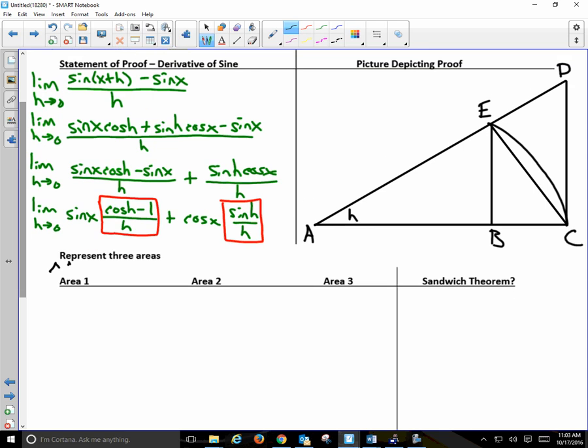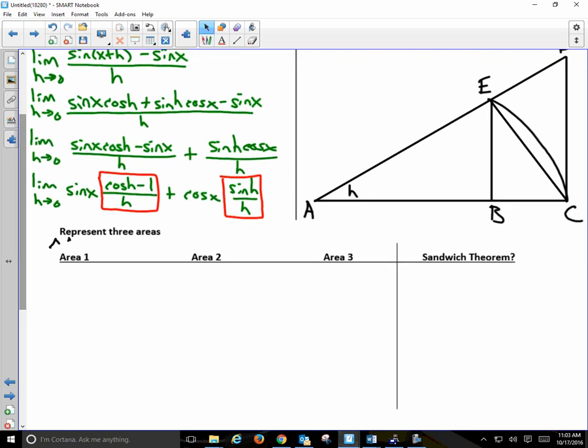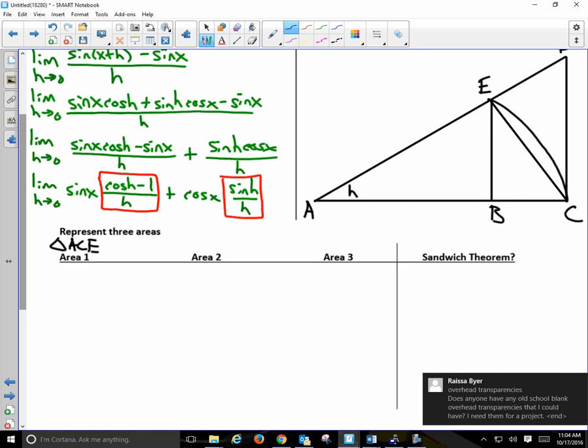In order to figure out these limits, we are going to represent 3 distinct areas. The first area we're going to look at is the area for triangle ACE. Does everybody see triangle ACE? The area for shape number 2 is going to be sector ACE.